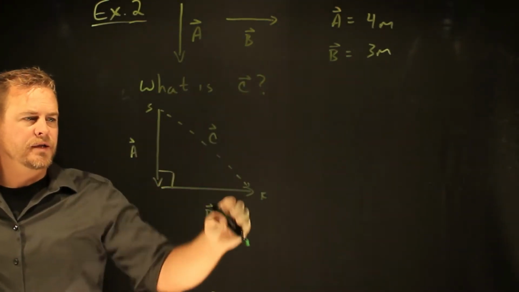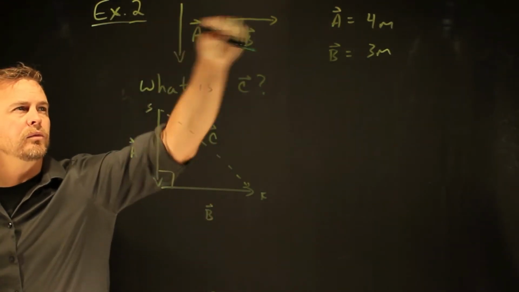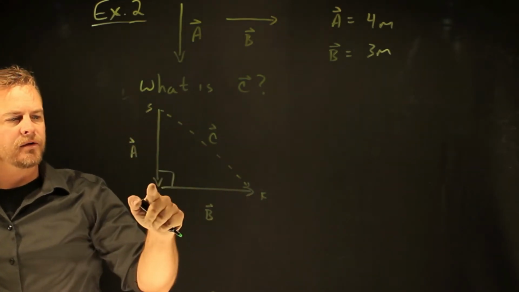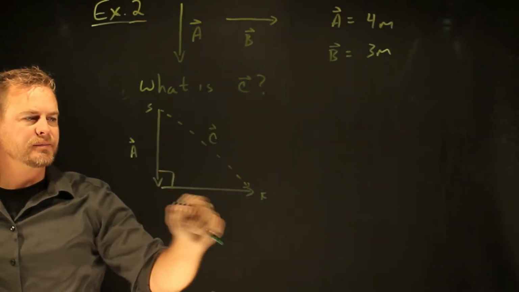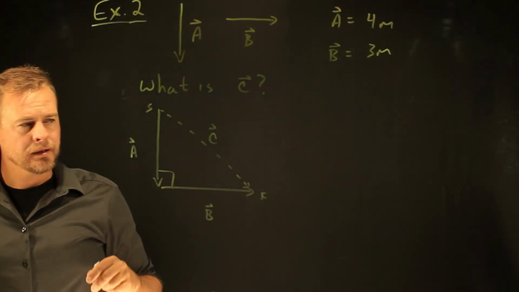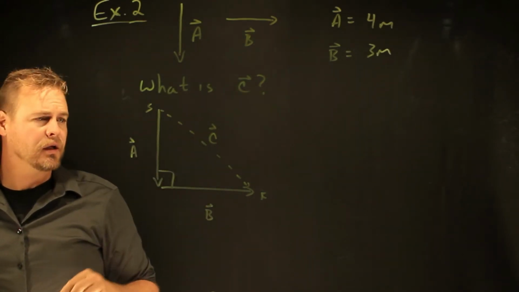Now this forms a right triangle because these are perfectly parallel with their respective dimensions. We still add vector A and vector B by putting the tips to the tails. We mark our start and finish and draw our resultant from the start to the finish. Now, what is the length of C?